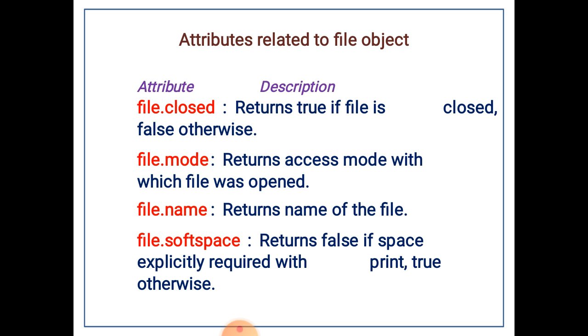So, the access mode in which the file was opened will be given out by the attribute file.mode.